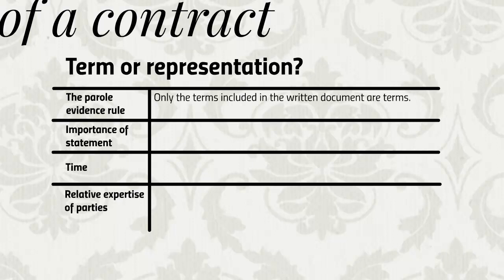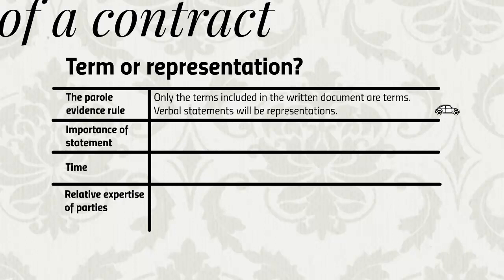So let's have a look at the first one, which is the parole evidence rule. What the parole evidence rule suggests is that only the terms included in the written document are actual terms. Any verbal statements made alongside are representations.